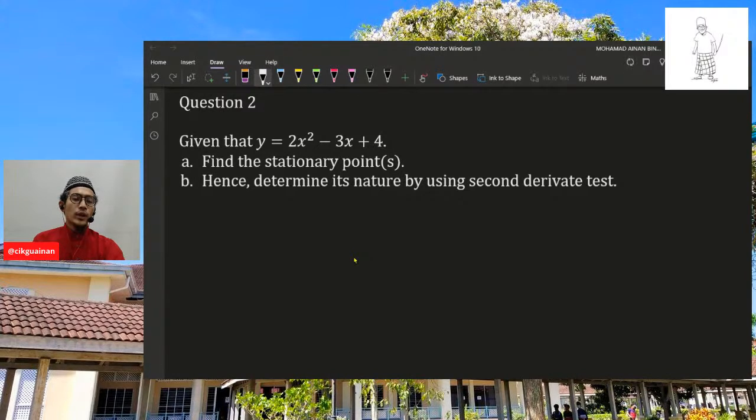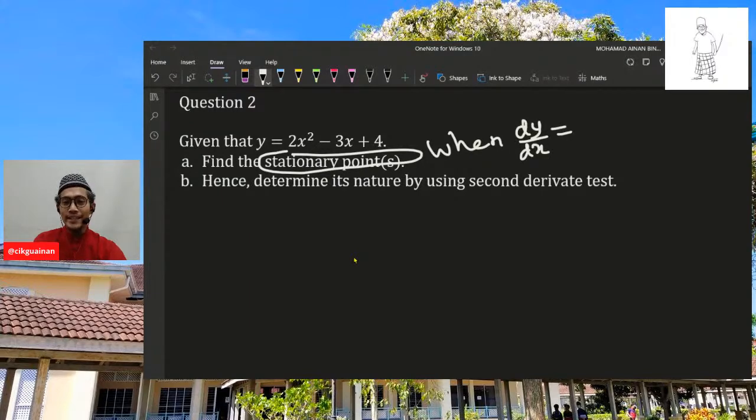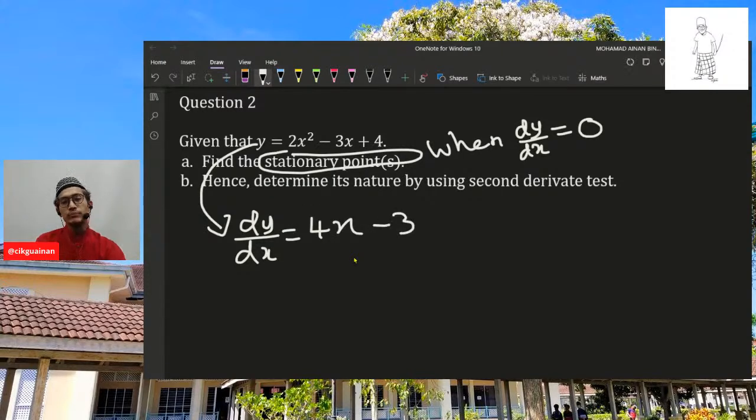So what to do? How to find a stationary point? We can find a stationary point when dy/dx, the gradient, is 0. Before we can equate anything to 0, we have to find dy/dx. So differentiating gives dy/dx equals 4x minus 3.